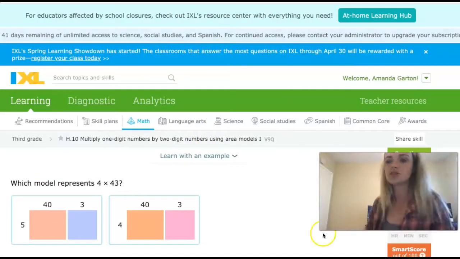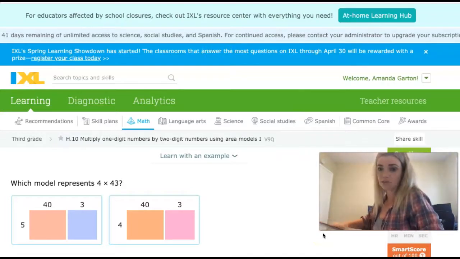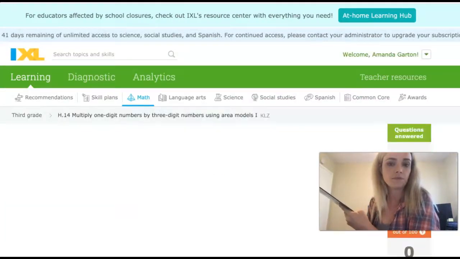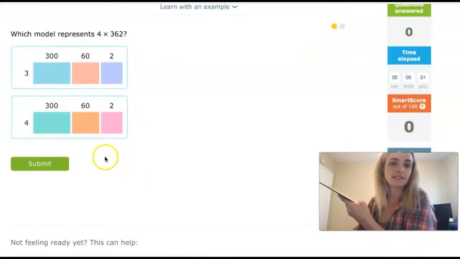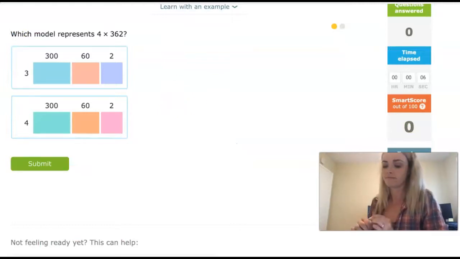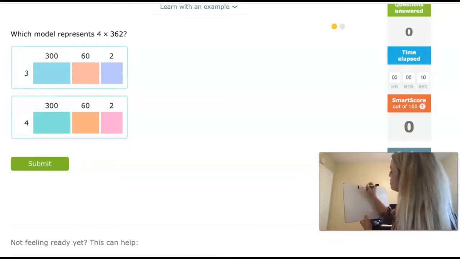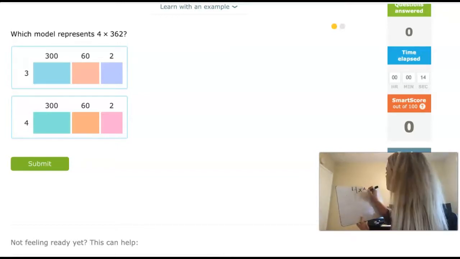But to show you guys and to remind you, because I know it's kind of been a while, okay? Let's do an example real quick together. So on this one, okay, I have which model represents 4 times 362, okay?